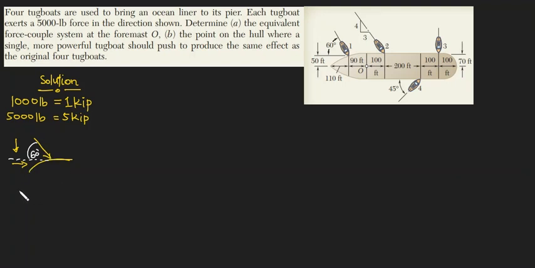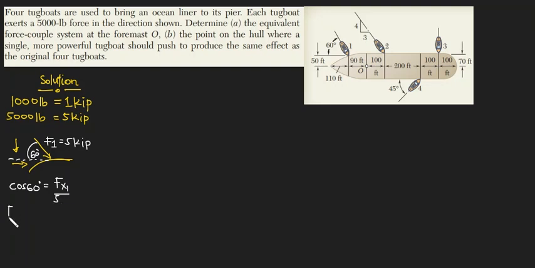To find the component, we're going to first of all take cosine of the angle. Then that will be equal to the adjacent side over the hypotenuse. So let's name the first force as F1, and then that's equal to 5 kilo pounds. So that will be equal to the adjacent side, which will be Fx1, over the hypotenuse, which will be 5.